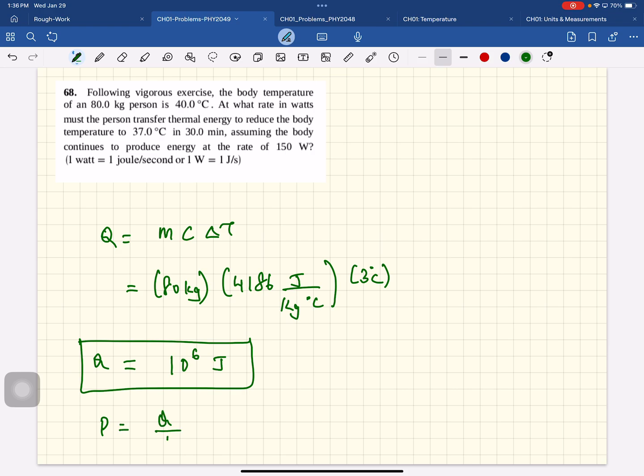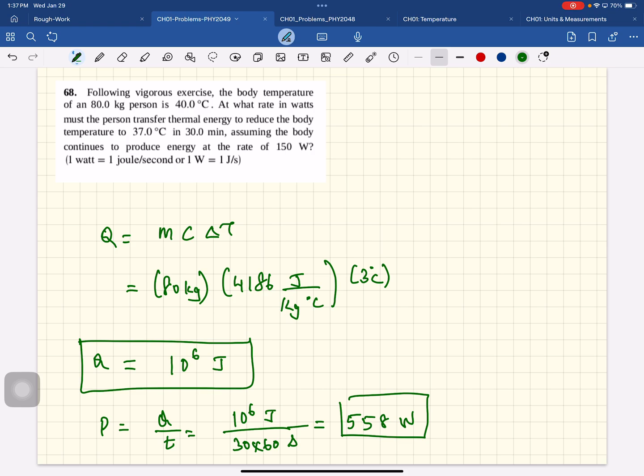And so power is Q over t. If you're going to get rid of it in 30 minutes, so there's joules, 30 minutes times 60 seconds. That's 558 watts.